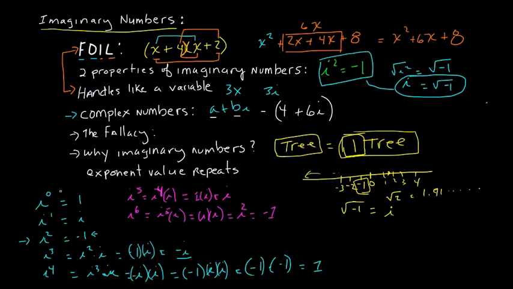So now you can see it follows a pattern. 1, i, -1, -i. 1, i, -1, and the next one would be -i. So really it follows this pattern: 1, i, -1, -i. And it just repeats and repeats and repeats, how it would just keep going.